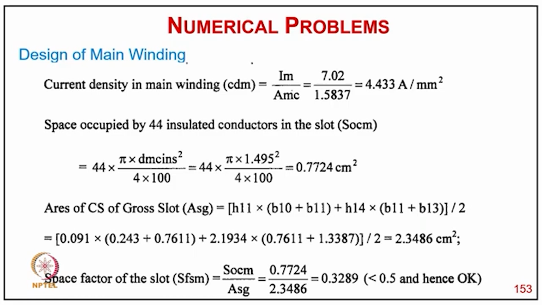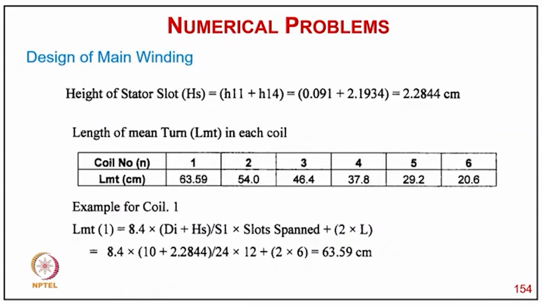So the current density in the main winding, Im upon mc, is 4.433 ampere per millimeter square, and the space occupied by 44 insulated conductors in the slot, putting values, comes to 0.7724 centimeter square. The area of cross section of the slot, putting all the dimensions, comes to 2.3486 centimeter square, and the space factor of the slot comes to 0.3289, which is less than 0.5, hence it is considered satisfactory or acceptable.